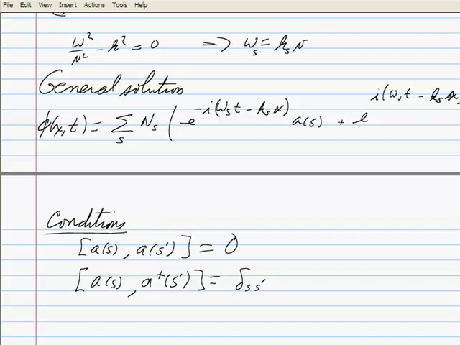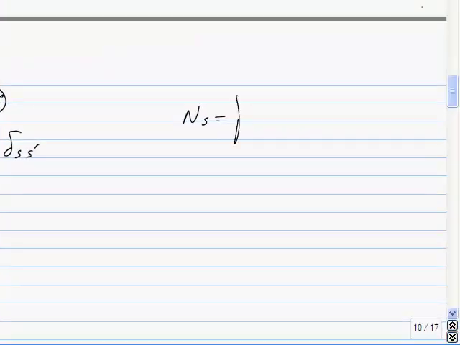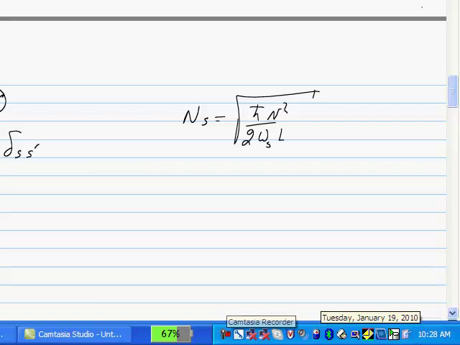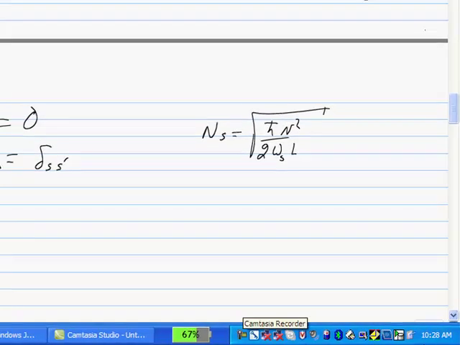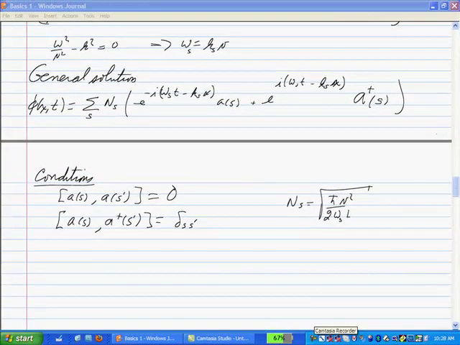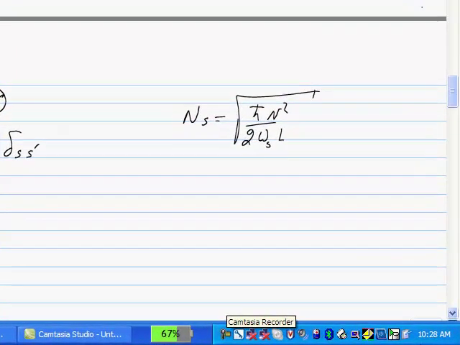And in satisfying the quantization condition, there is a normalization choice here. I'm going to take N of s to be the square root of h bar v squared over 2 omega s L. If we choose that, we will have a nice quantum field.